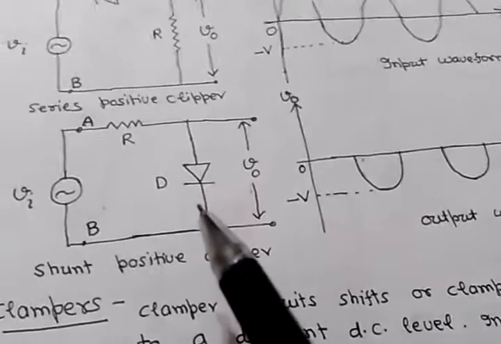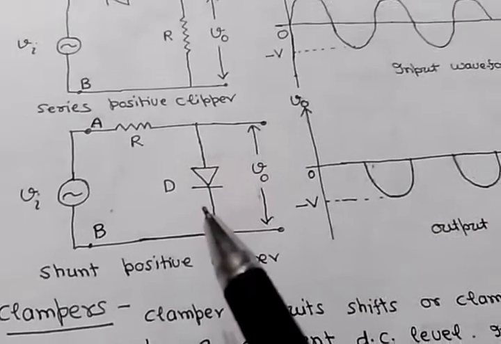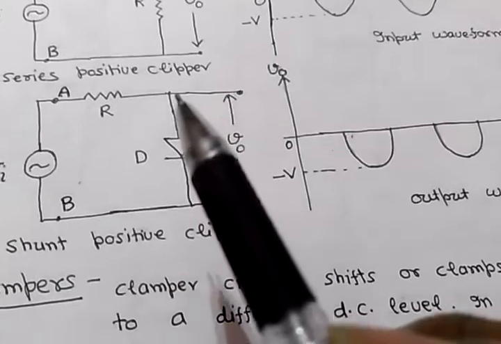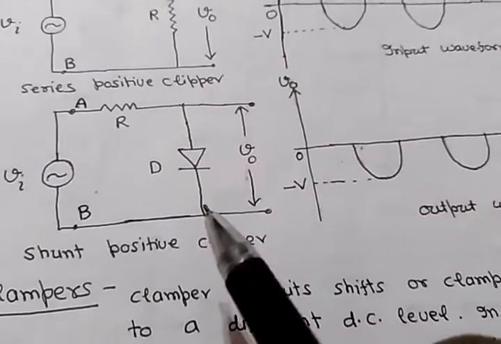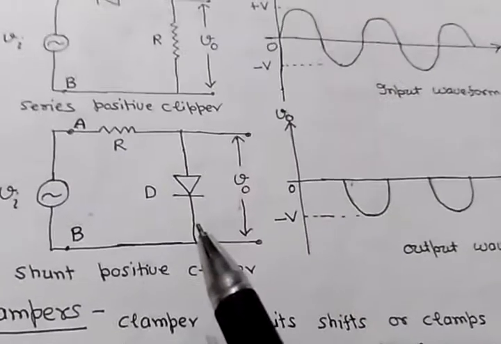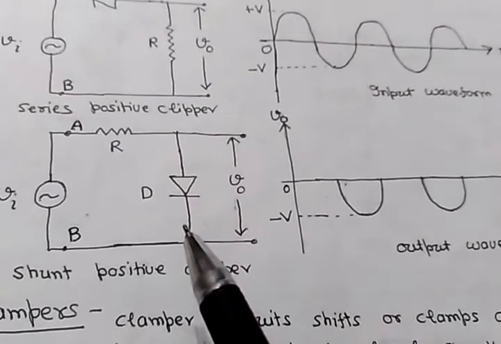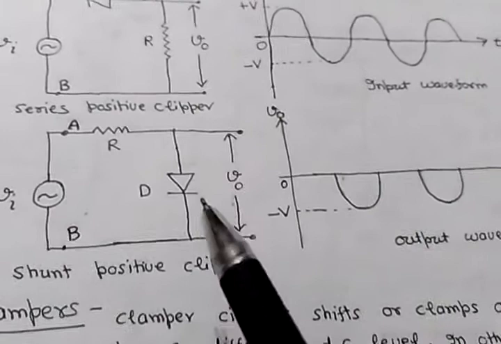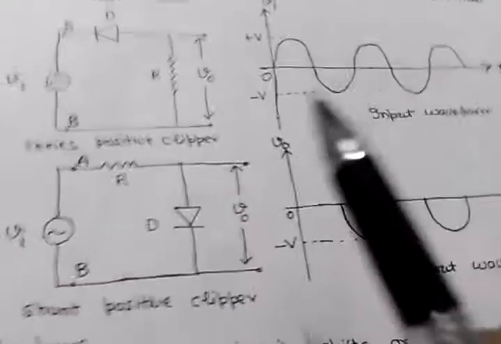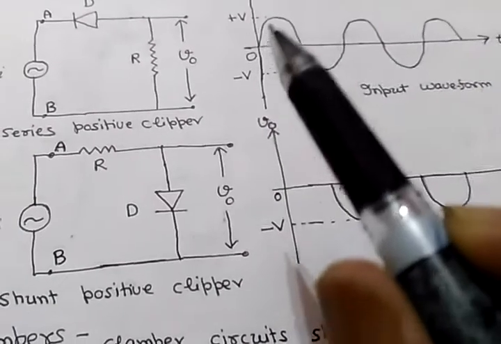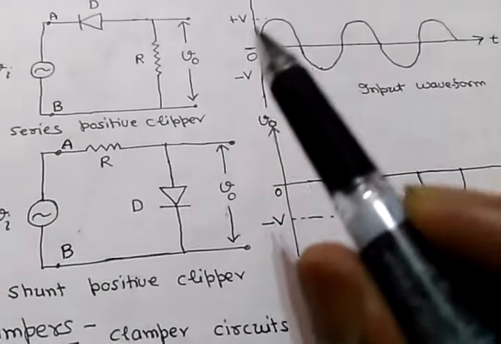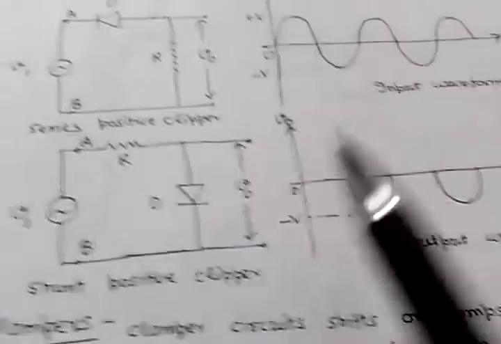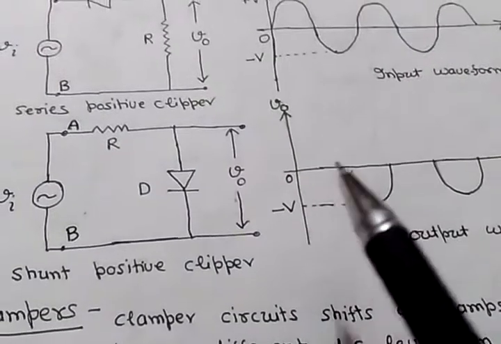So the diode will be in forward biased condition. It can be replaced by a short circuit, and the voltage across a short circuit is 0. So the output voltage will be 0 during the positive half cycle.